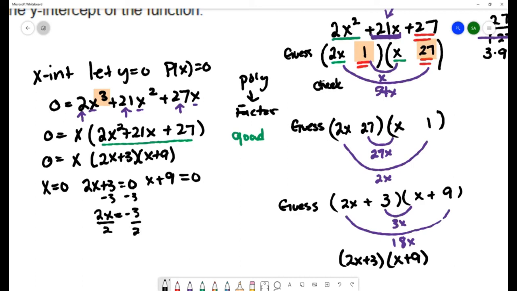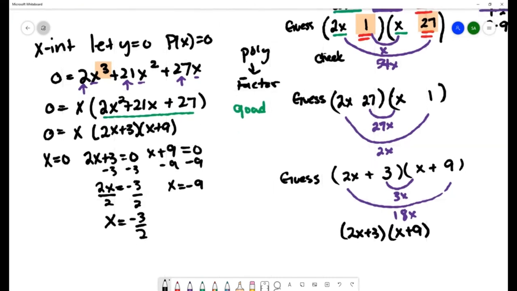Divide by 2, x equals negative 3 over 2. Here I'll subtract 9 and get x equals negative 9. So I have 3 x-intercepts, that's (0, 0), (negative 3 over 2, 0), and (negative 9, 0).